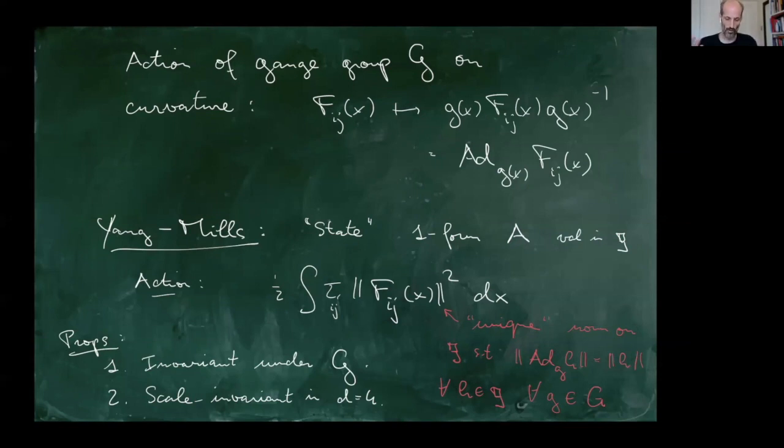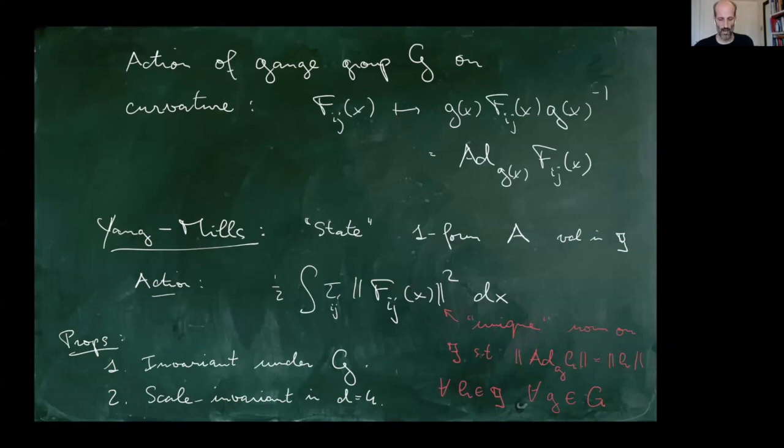But we're not going to talk about that. Okay, but those are the 2 nice properties of this action, and it turns out that this is the only expression you can write down which has these 2 properties. So it's a very natural kind of action to look at.